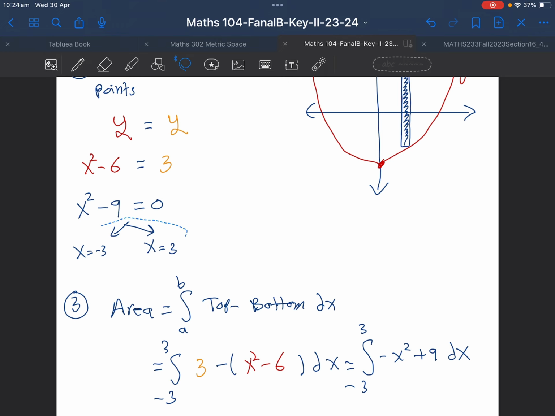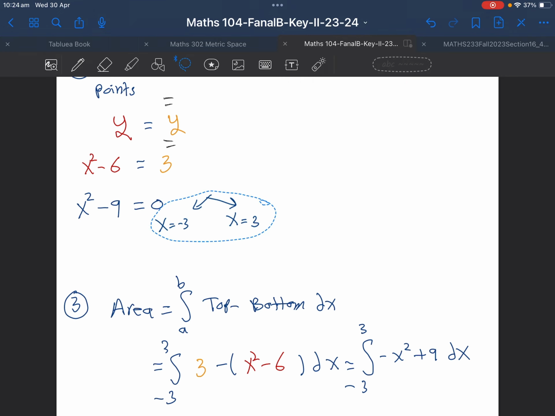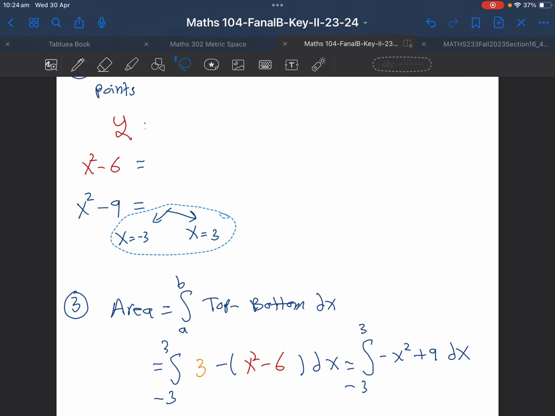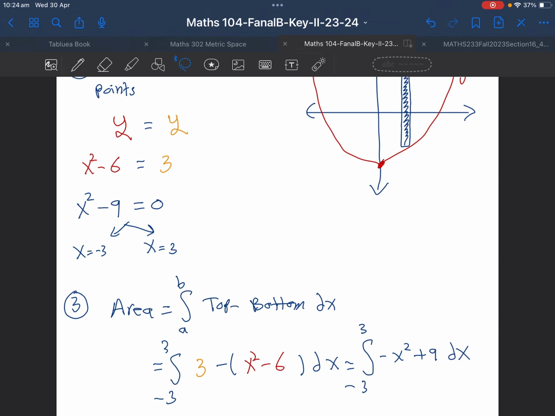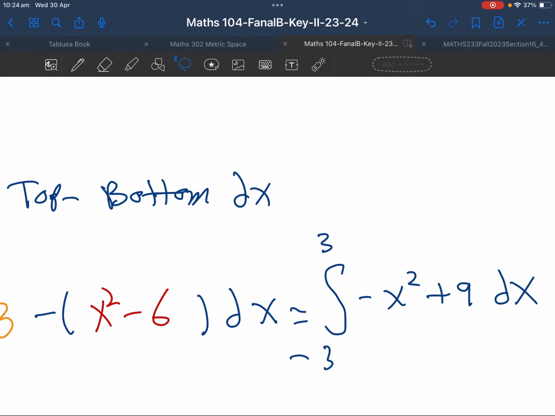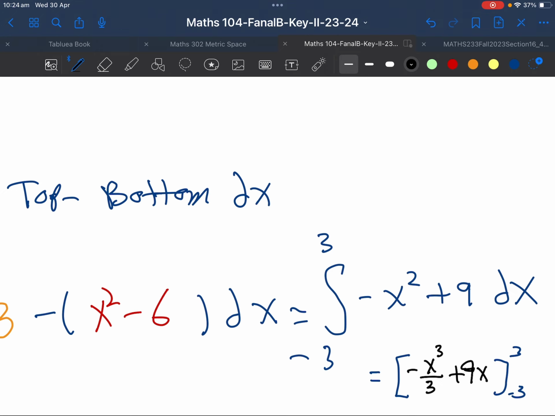Now, what's the integral of minus x squared? It is negative x cubed over 3 plus 9x.